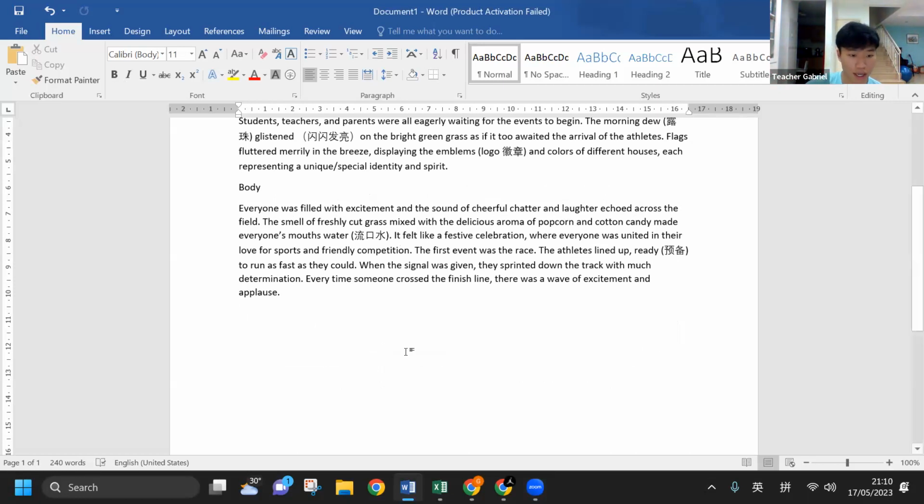Okay, so after every time someone crossed the finish line, there was a wave of excitement and applause. After you talk about the first event, you can talk about other events that happen as well. That's what we're going to talk about in the second paragraph. On the other part of the field, because the field is very big, there are races going on, and on the other part there is another thing going on.